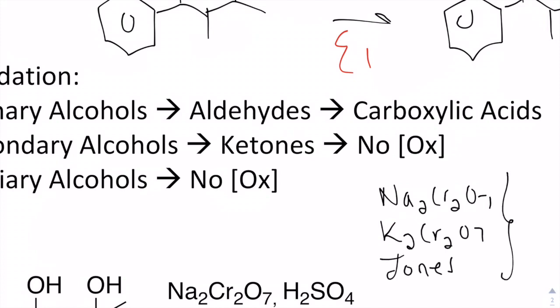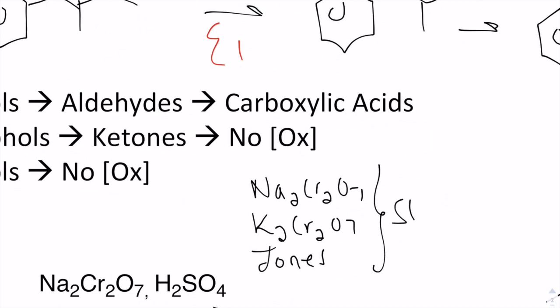So all of those three reagents are very strong oxidizing agents, and those oxidizing agents, when given a choice, are going to go all the way to the carboxylic acid and not stop at the aldehyde or ketone intermediate.